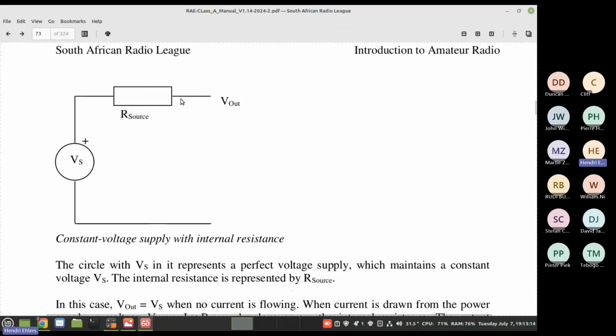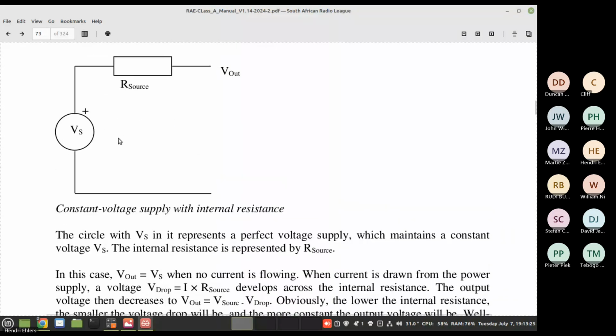In most cases, for the average person connecting a radio to a power supply, this won't be an issue, but you need to know that it can happen.